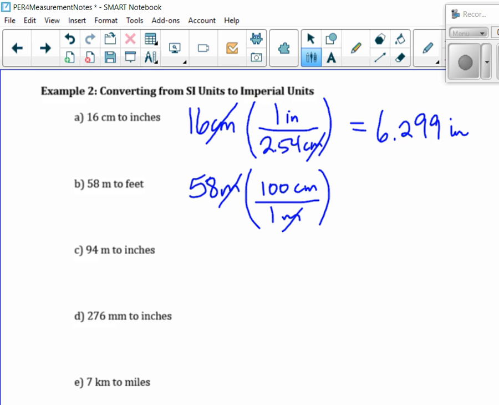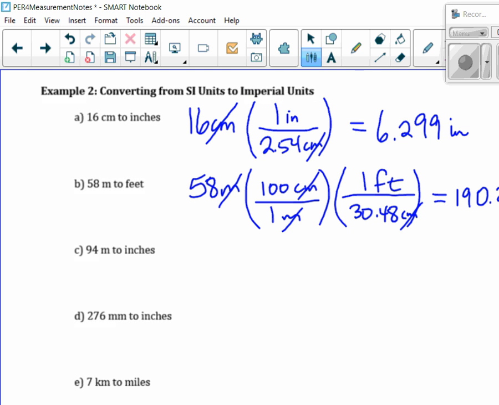Now I can convert this to feet. 1 foot is 30.48 centimeters. So the centimeters cancel, and I'm going to punch in 58 times 100 divided by 30.48. So that would be 190.28, and if you wanted to round, the 7 would round the 8 up to 9, and that would be feet.